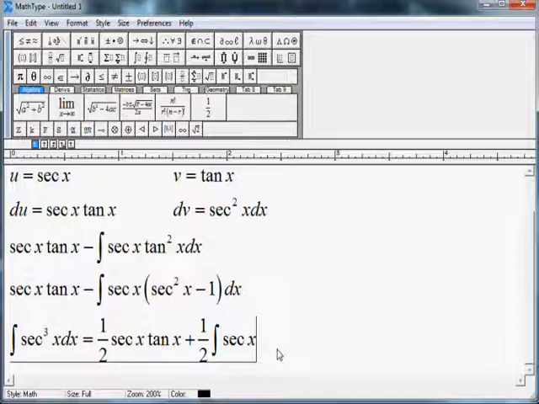It involves multiplying top and bottom by something that gives you a u substitution, and you could easily look up the proof. It's a simple proof, a couple of lines, and if you're following this video, you will have no problem following that.